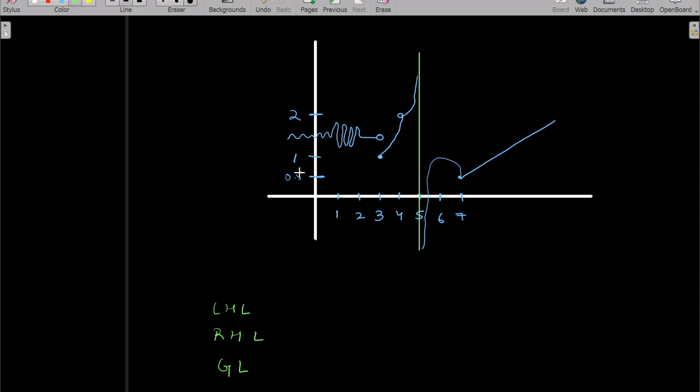Okay, so first, let's see what's happening at x is equal to 1. X is equal to 1 is this point. So when x is equal to 1, the function is oscillating.